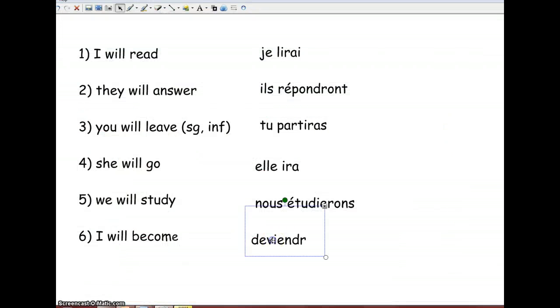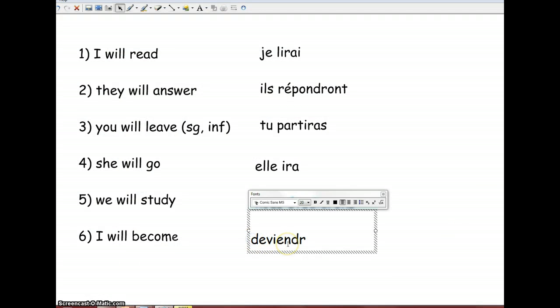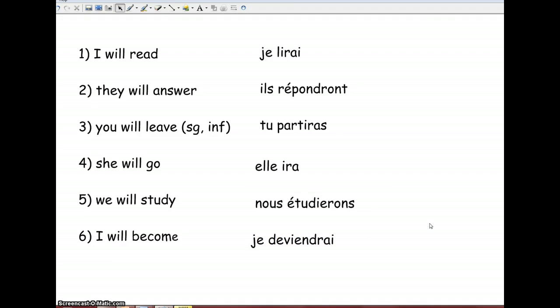So that's what we need to add on, because even though the stem is irregular, the endings are always the same as the regular ones in the future tense. Je deviendrai, I will become. And that's it. So I do hope you understand a little bit better about how to conjugate the future tense now.